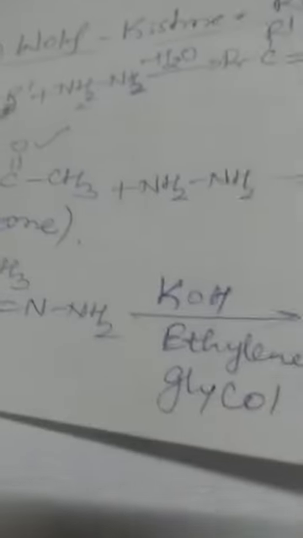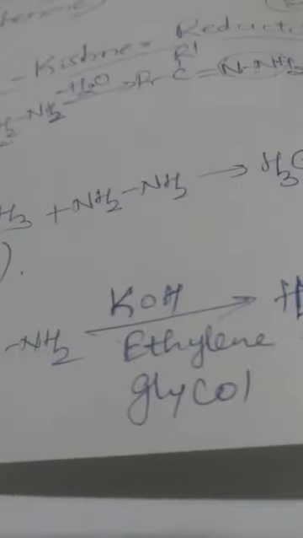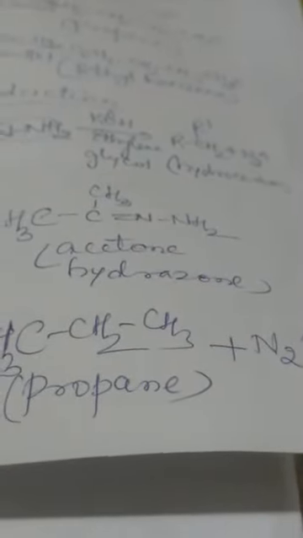And this acetone hydrazone on heating with the alkali potassium hydroxide in the presence of ethylene glycol, a high boiling solvent, you will end up with the hydrocarbon propane with the liberation of N2 gas. So this is called the Wolff-Kishner reduction reaction. These are the two important reactions.